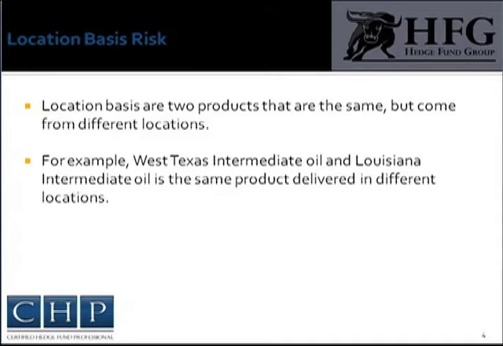They are delivered in different locations and therefore have location basis risk. Fungible means they can be delivered at any particular point because they are the same product. Location basis is only one form of the risk with specific types of products.